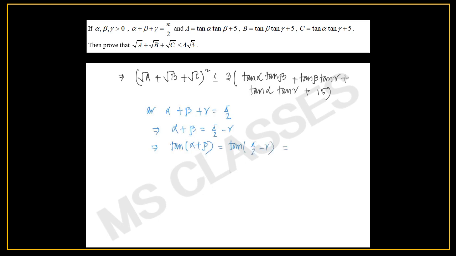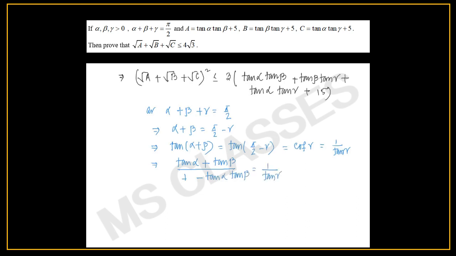Now tan of (pi by 2 minus gamma) means cot gamma, and cot gamma means 1 by tan gamma. Now we use the formula (tan alpha plus tan beta) by (1 minus tan alpha tan beta) equals 1 by tan gamma.